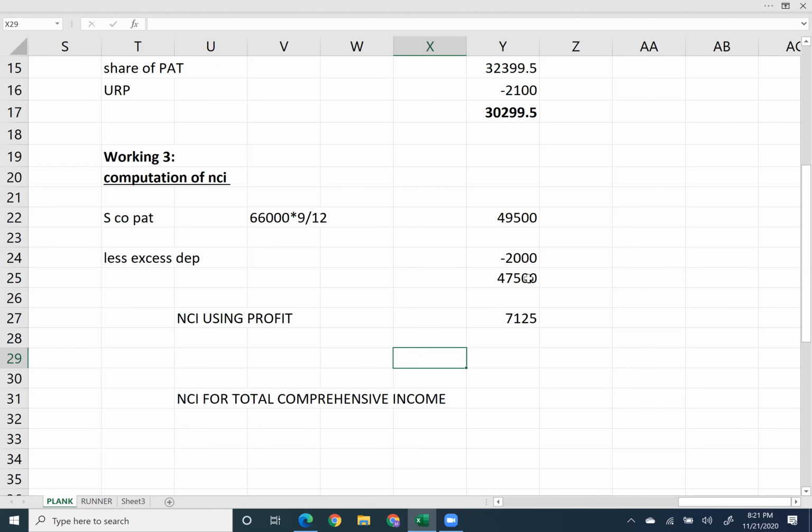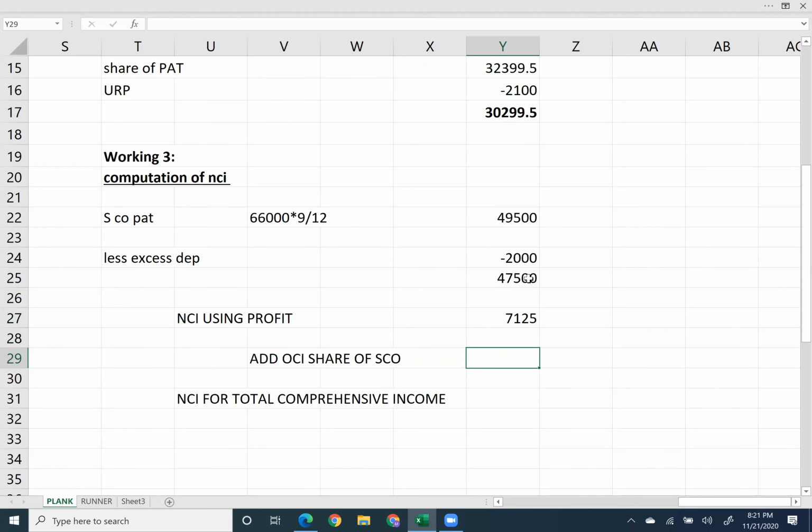So see, this 7125 is calculated using profit after tax. Now add OCI share of S company. I think OCI share was 3000. In S company's SOCI, there was an OCI of 3000.